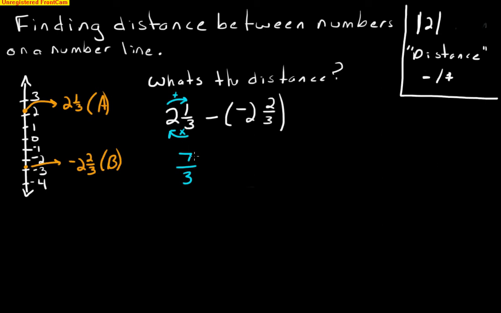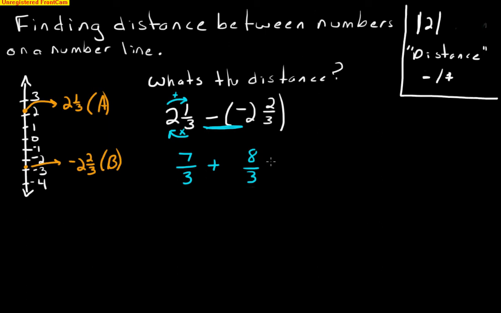Plus 1 is 7/3. Now we're back to that rule. Remember, anytime you subtract a negative, you can make that a positive. So we're going to plus, and then we're going to convert this one. 3 times 2 again is 6, plus 2 more is 8/3. And remember, this is all positive because the minus and the negative went away using that rule.